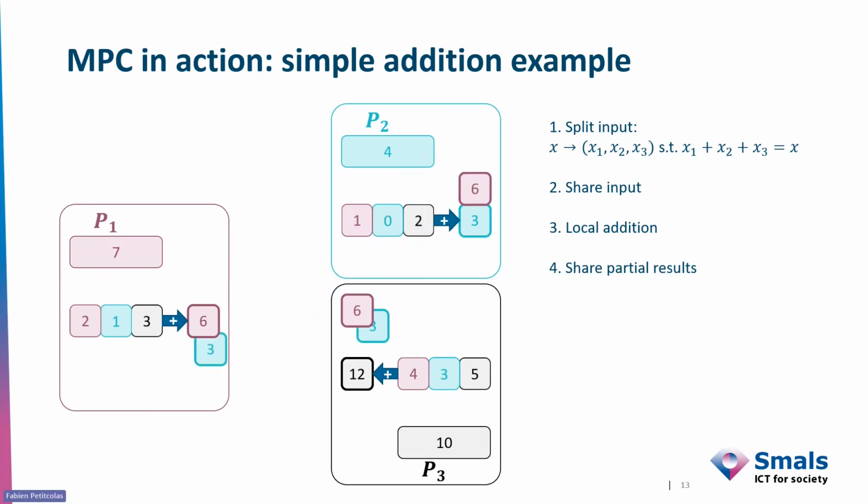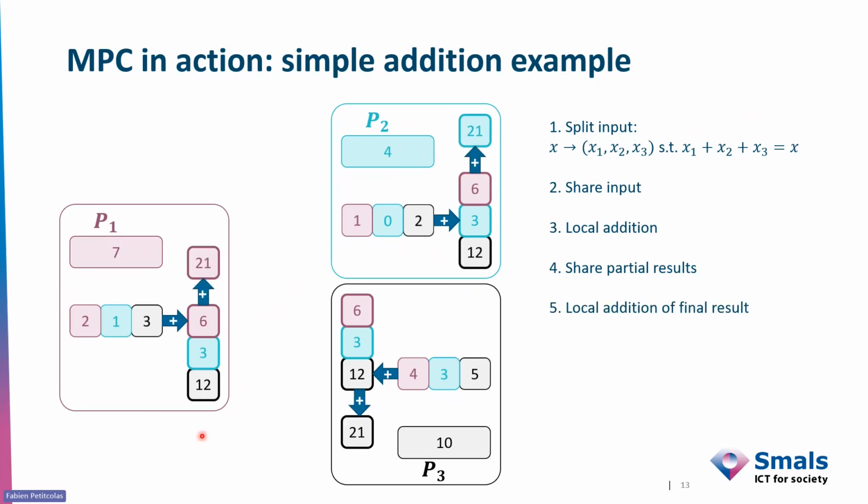Now we reach the state where each participant has a copy of each of the partial results. And the final step is for each participant to compute the sum of these partial results. 6 plus 3, 9, plus 12, 21, and 21 was the number we were expecting, 7 plus 4 plus 10.